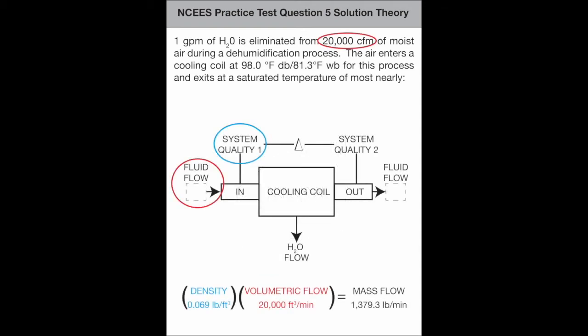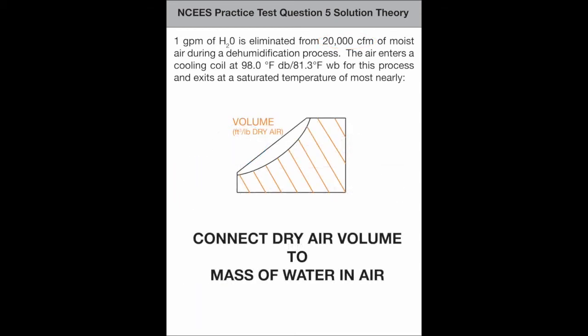Multiply this by the volumetric airflow at the inlet. 0.069 pounds per cubic foot times 20,000 cubic feet per minute equals 1,379.3 pounds per minute.